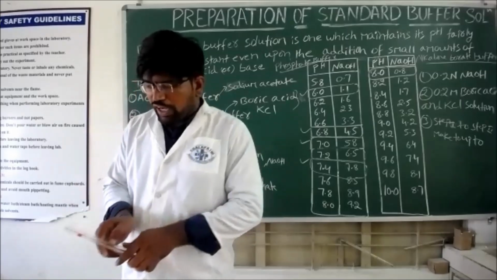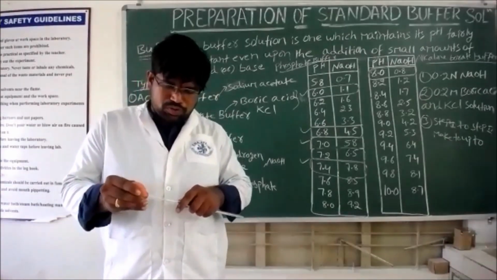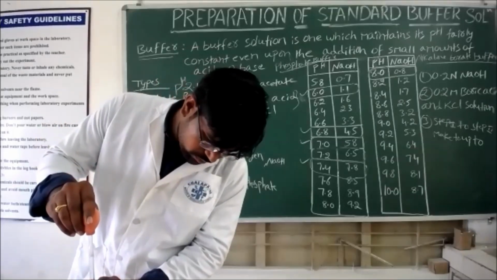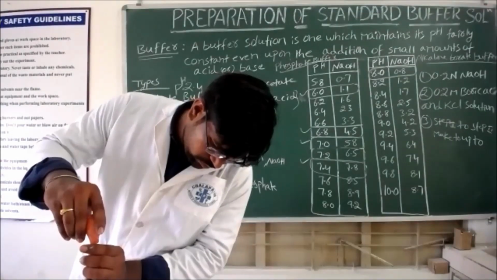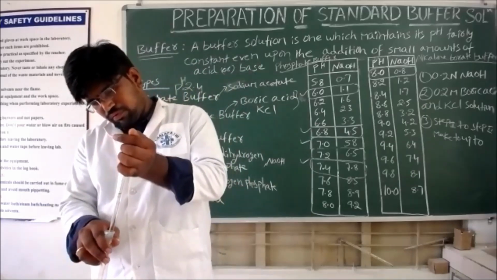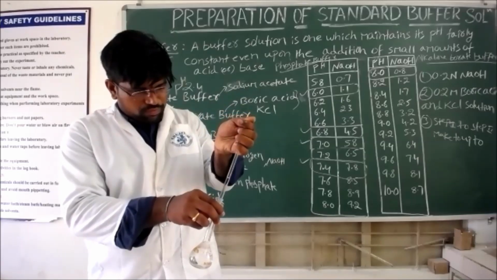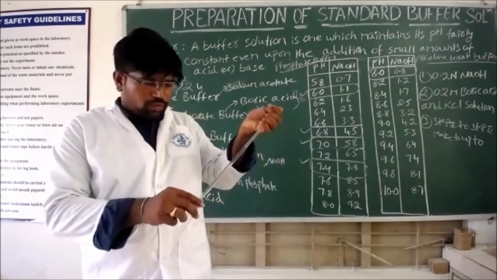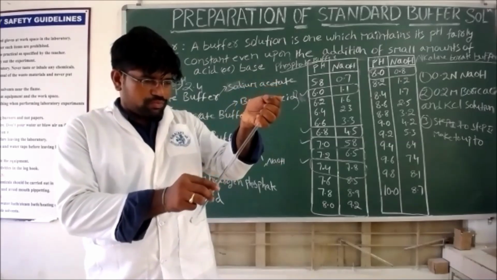So now transfer 2 ml of 0.2 molar potassium dihydrogen phosphate solution into the test tubes.